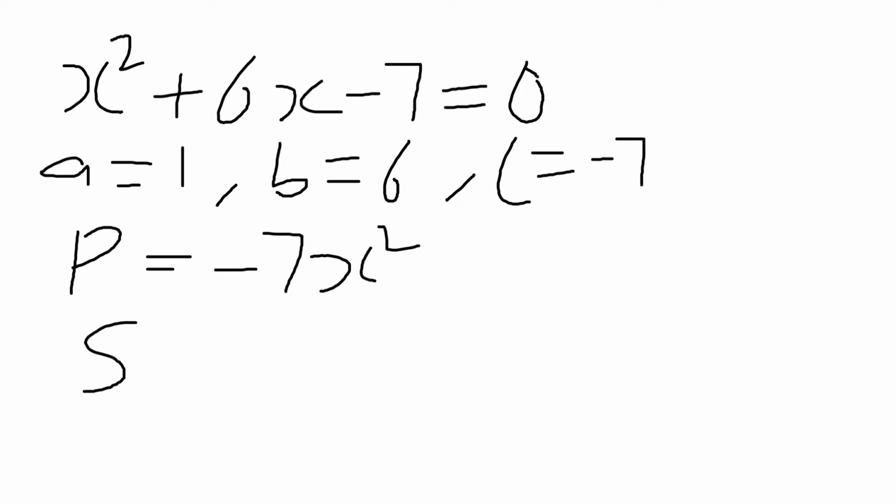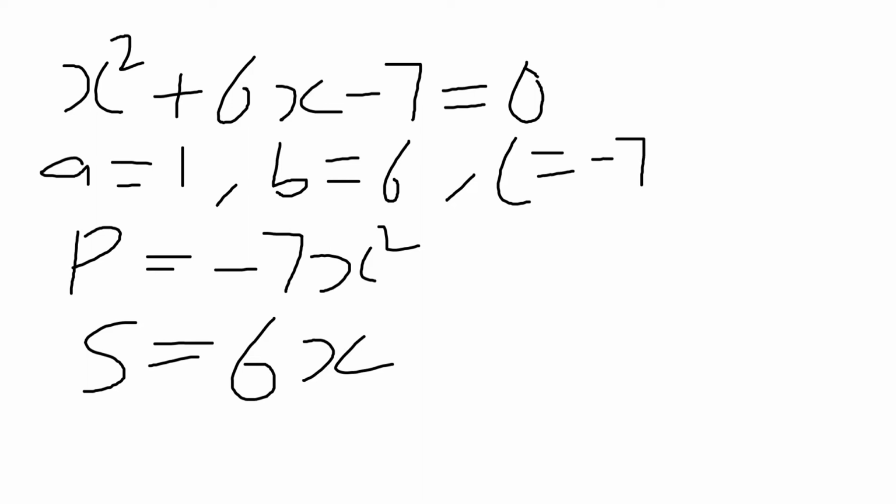Our sum is just 6x. So we have to think of two numbers such that when we multiply them together, we get our product, and when we take the addition, we get our sum.